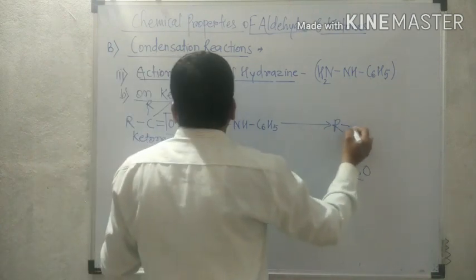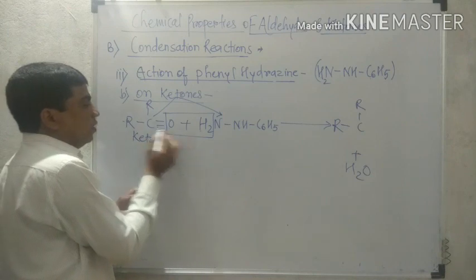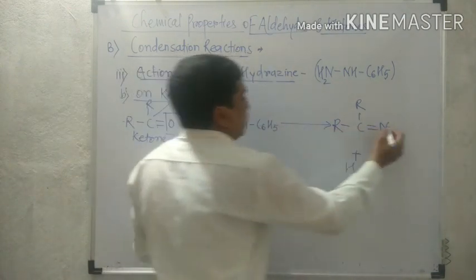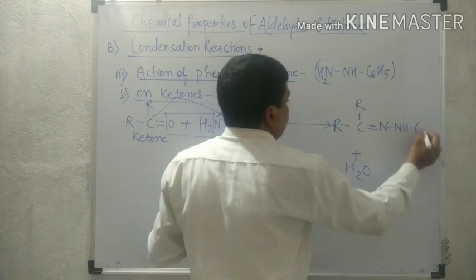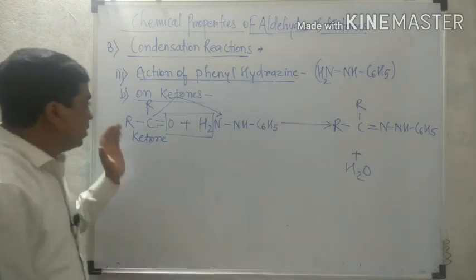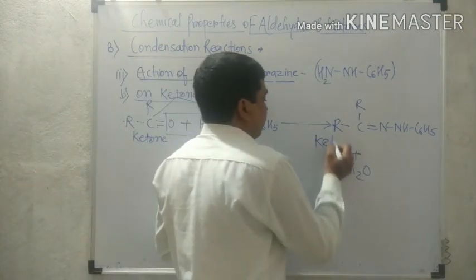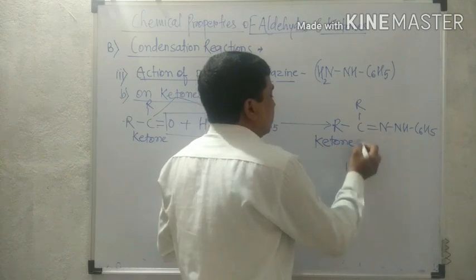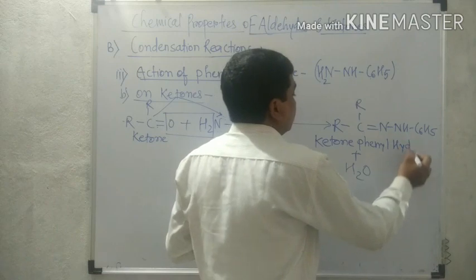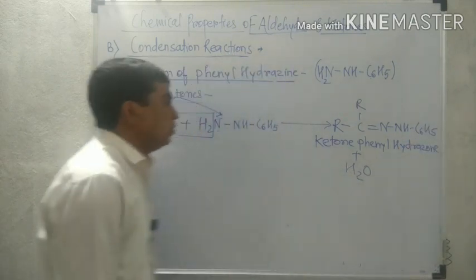So here R2C=N-NH-C6H5. Therefore, it is a ketone phenylhydrazone, formed by ketone.